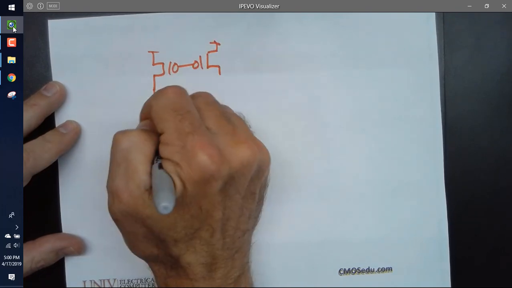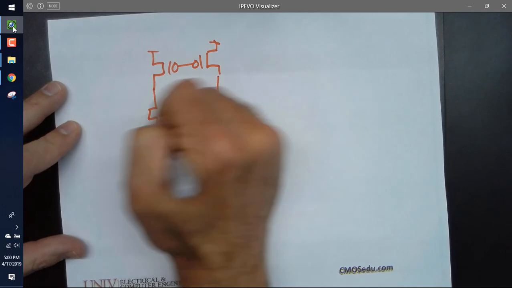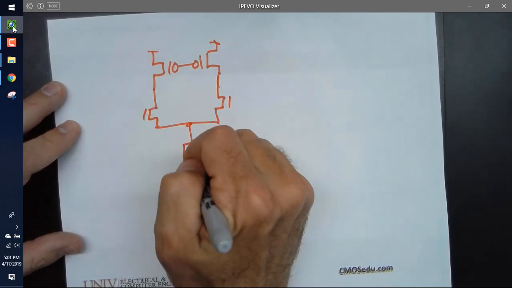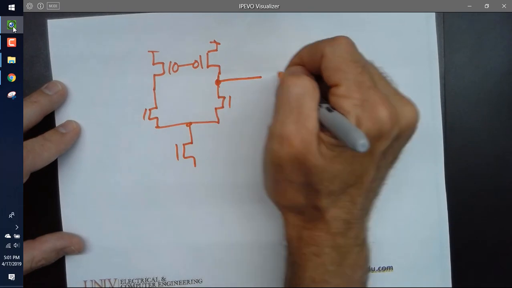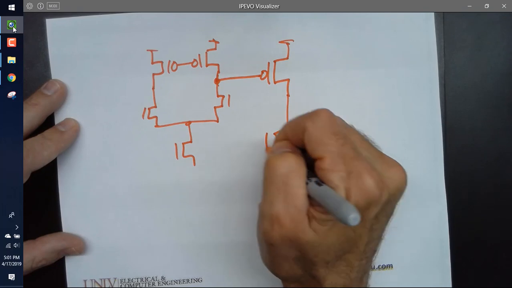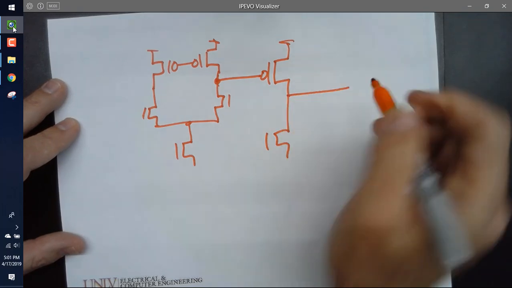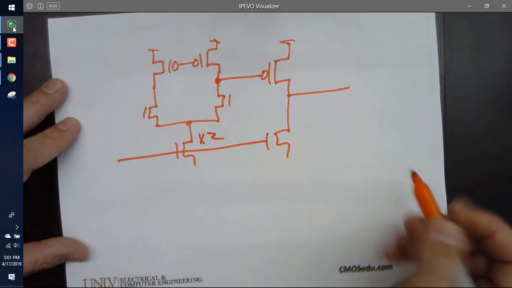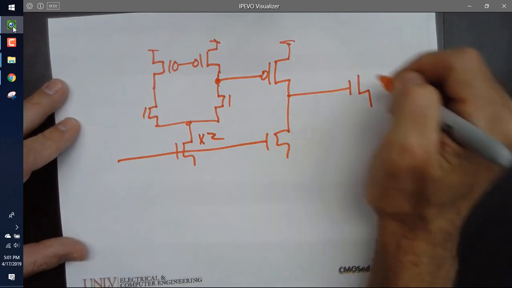I don't want you leaving this class thinking op amps are magic. I'm going to go over here, basic design that I just had, and I'm going to isolate my output with this circuit right here.